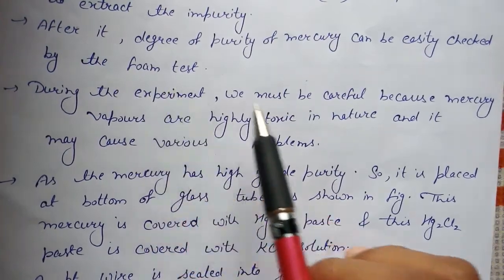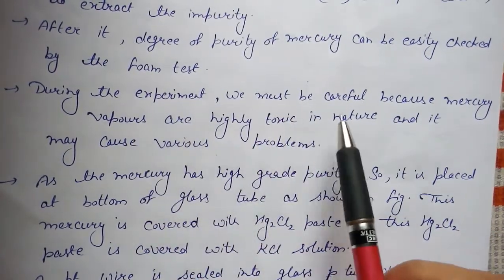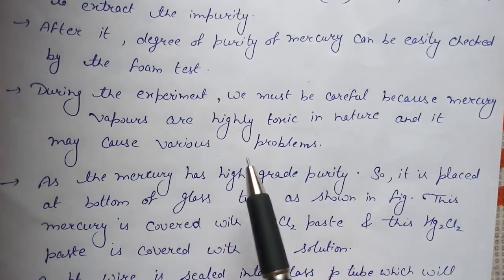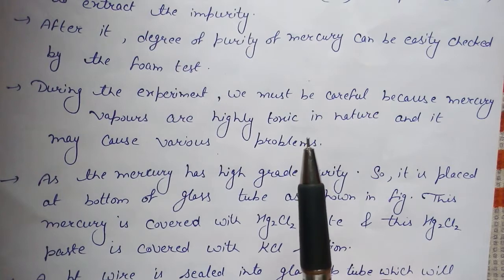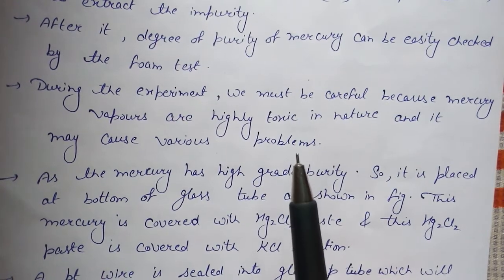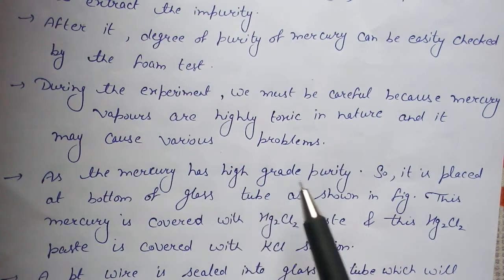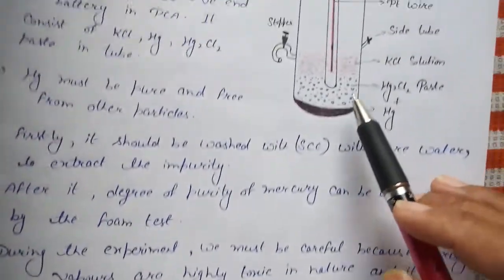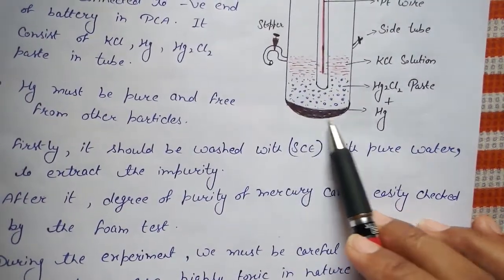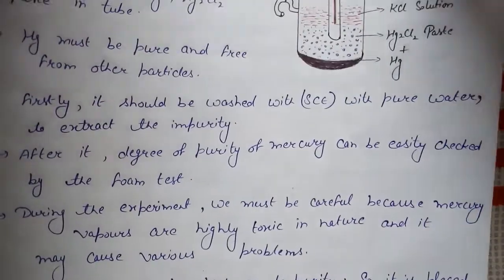During the experiment, we must be careful because mercury vapors are highly toxic in nature and can cause various problems. As the mercury has high grade purity, it is placed at the bottom of the glass tube as shown in the figure. This is the bottom of the glass tube and mercury is here, right?